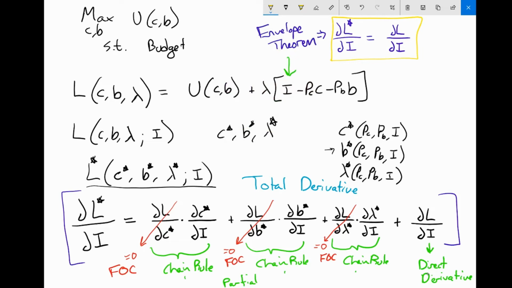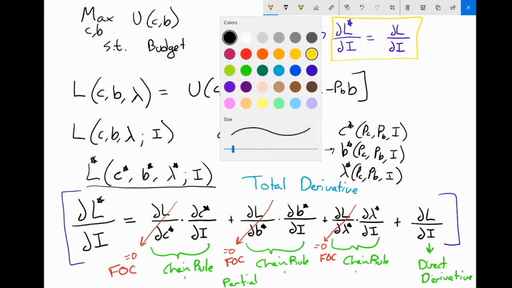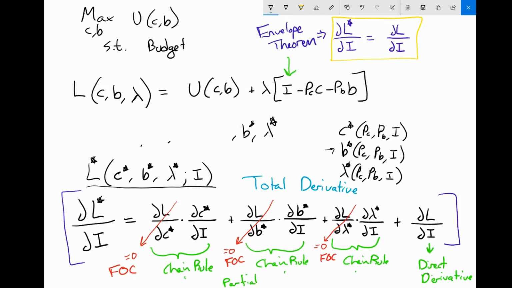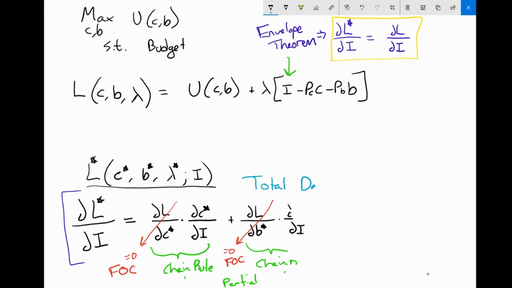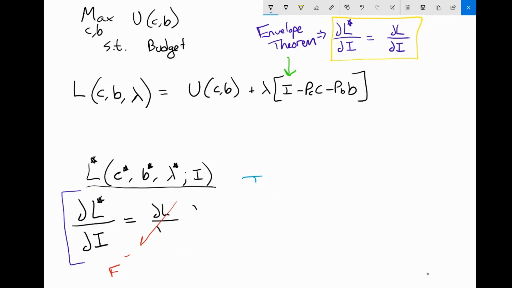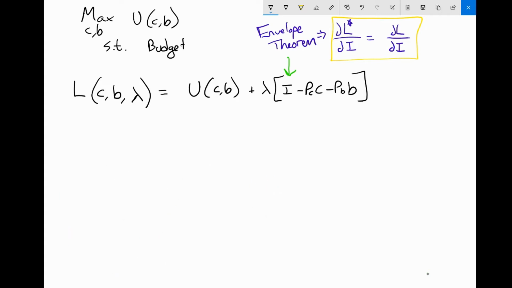Okay, so with all of that said, let me just do it in practice to show you what I mean. Let's say we started with this equation and we wanted to optimize it. So we maximized this. We found C star, B star, and lambda star.